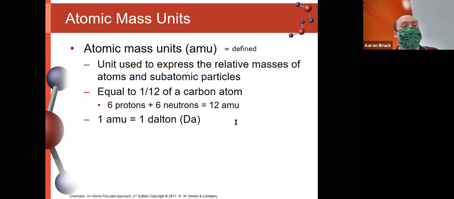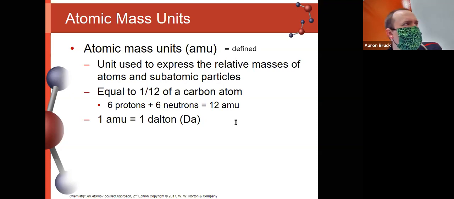And the relative definition that we're talking about here is carbon-12. An atom of carbon-12 is a perfect 6. 6 protons, 6 neutrons, 6 electrons. 6, 6, and 6. And by definition, it is said to weigh exactly 12 atomic mass units, or 12 daltons.